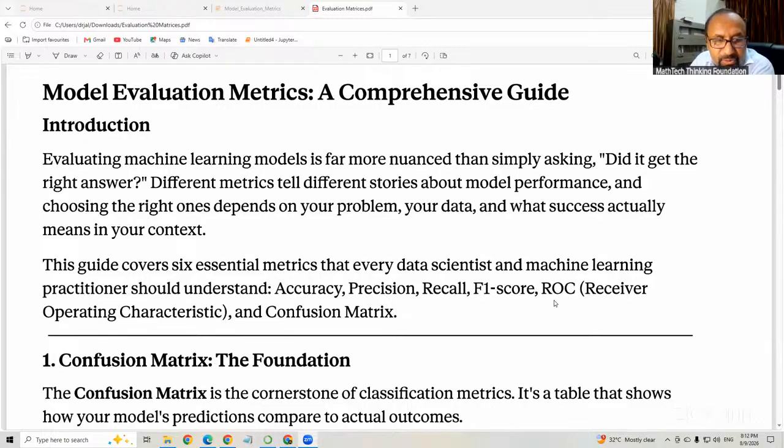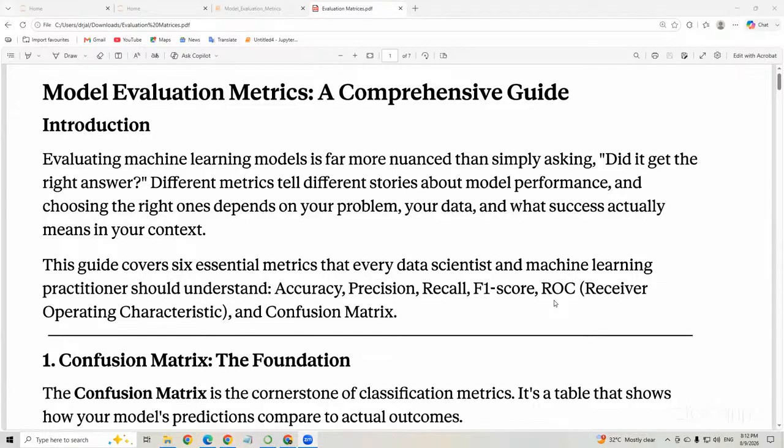So here you can see the file. Building a machine learning model is not enough. After training a model, we need to answer a very important question: how well is our model actually performing?